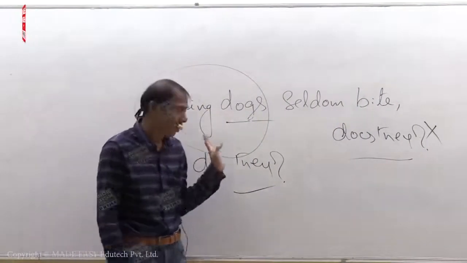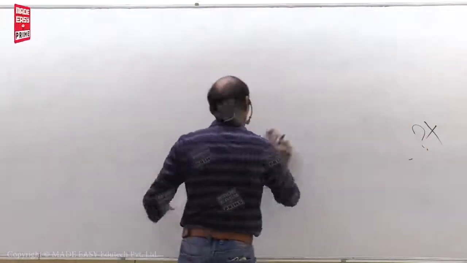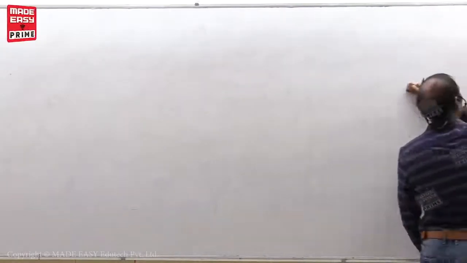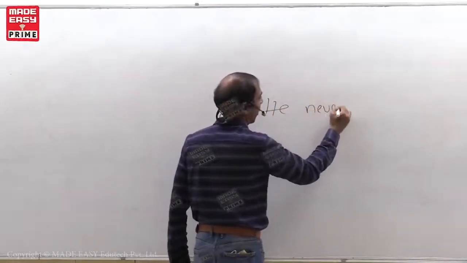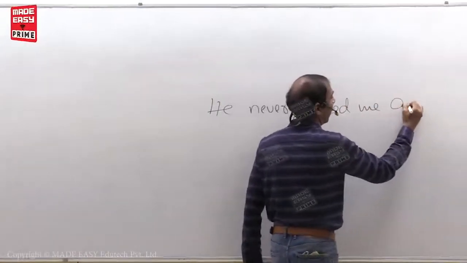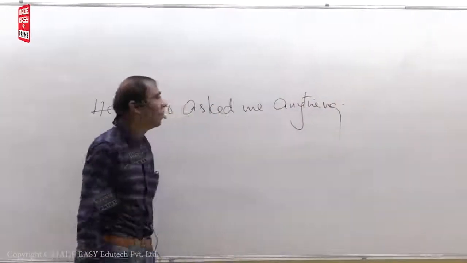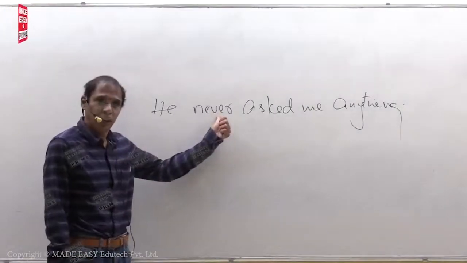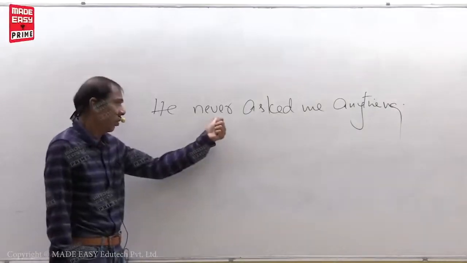Okay? Now, see. One more. He never asked me anything. Never is negative. I have given you a list of 6 words, and this is one among those.